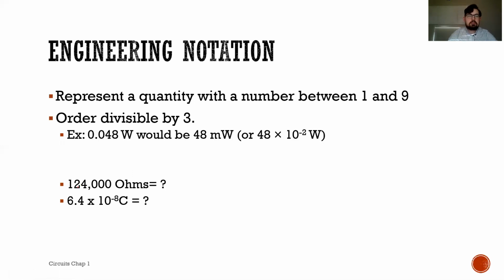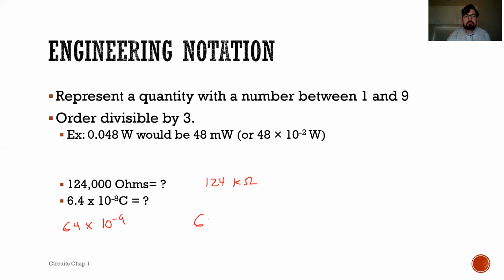So using the same idea here, if we were trying to convert this into engineering notation, we would write this as 124. In this case, it would be kiloohms. And if we had 6.4 times 10 to the negative 8, we would step this down a little bit. I would make this 10 to the negative 9th. Since I get smaller, this one gets bigger. This would become 64 times 10 to the negative 9th.